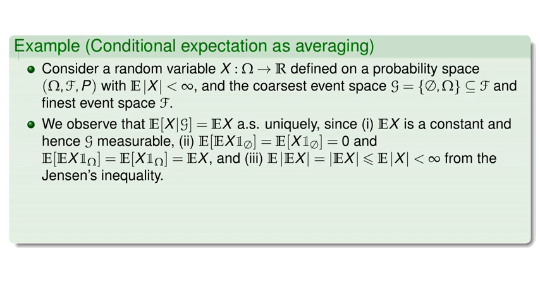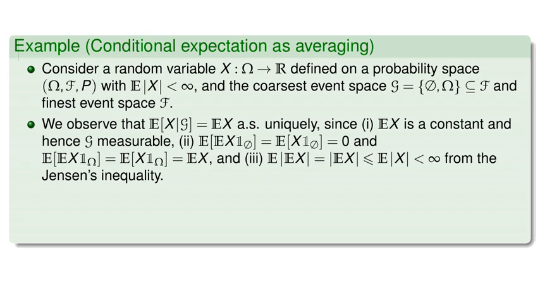We observe that the conditional expectation of X given the trivial sigma algebra script G is simply the constant value, the expectation of X, almost surely. This holds uniquely because, first, the constant expectation of X is certainly measurable with respect to the trivial sigma algebra script G.